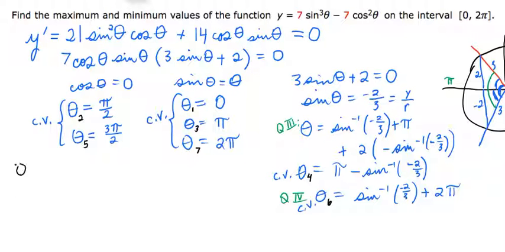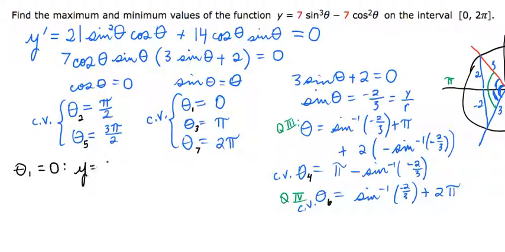So plugging in theta 1 into the original function, we'll have y equals 7 times sine cubed, let's see, theta 1 is 0, so sine cubed 0, and perhaps I should actually write theta 1 equals 0, there we go.